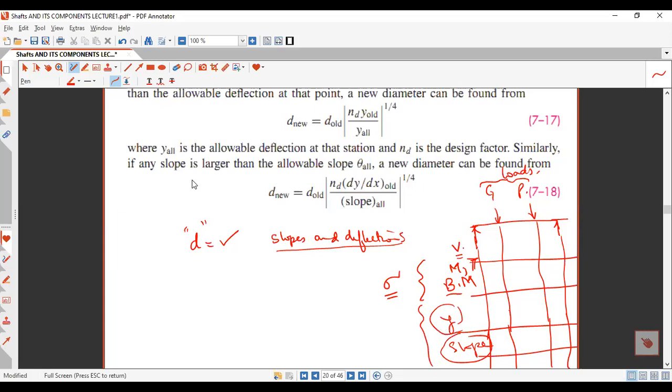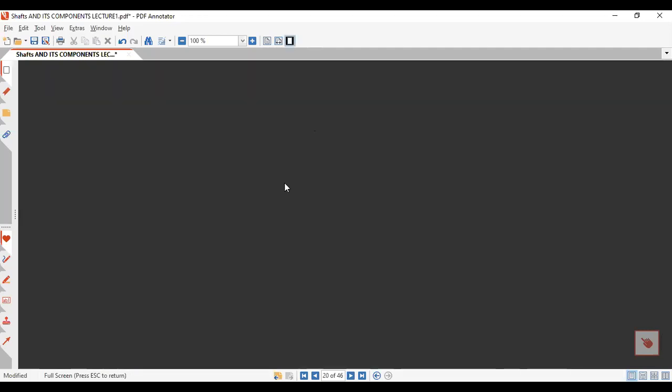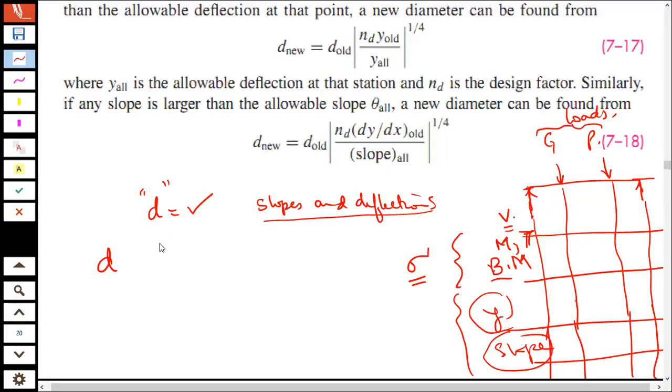deflection and slopes. Now, let's say you calculated the diameter of a shaft, and that is your D, but when you look at the table, your slope is more than what you are looking for. So in that case, this will become your old diameter.